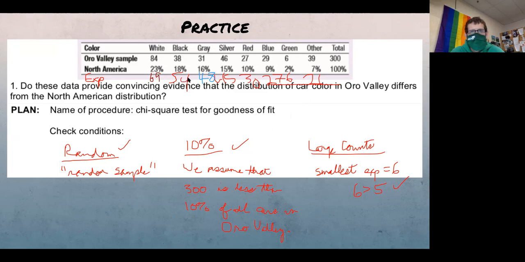Where's another big one? 84 to 69 is big in a raw number perspective. And that's why we divide by the expected at the end, because that's going to standardize our scores in a sense. So yes, going from 84 to 69 is a difference of 15, but 15 compared to 69, as opposed to, in this case, 16 compared to 54, proportionally, this one's a lot bigger of a change.